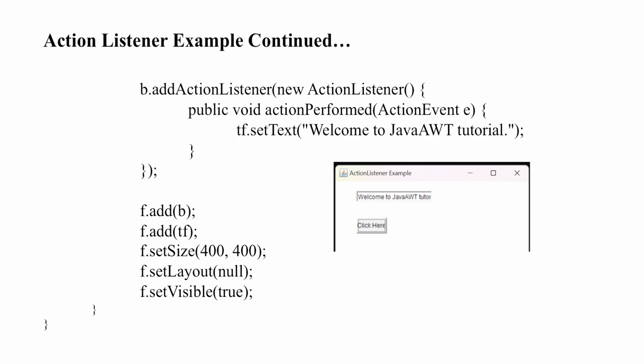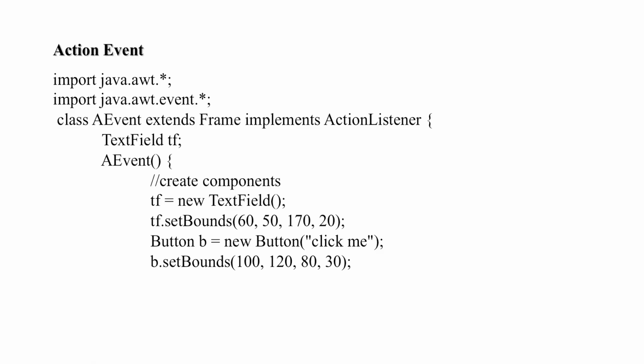Here, welcome to Java tutorial. When we click here, this will display, meaning this will generate some event. Next is action event. As we have discussed earlier, when an action has occurred, an event has occurred, then we use action event.